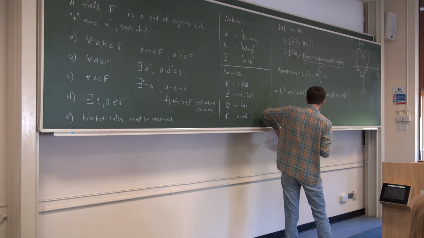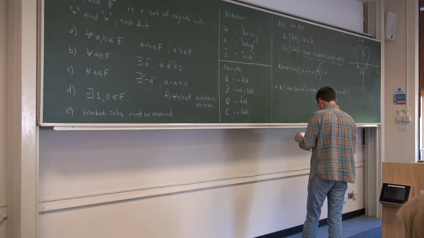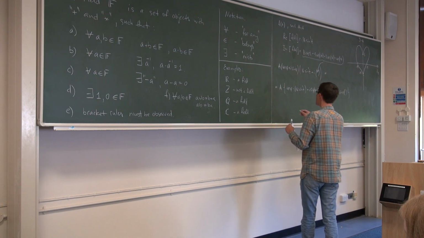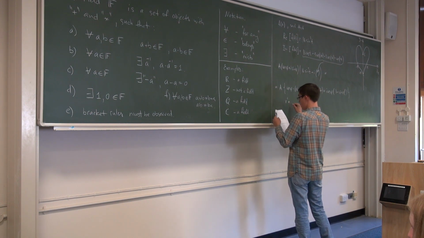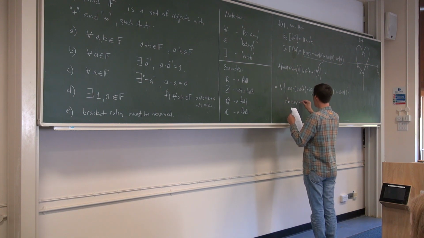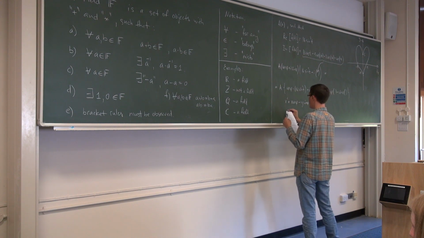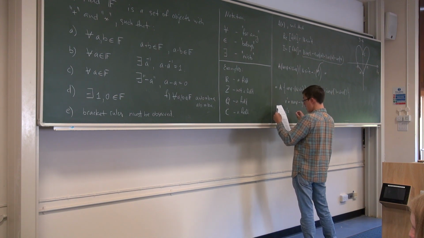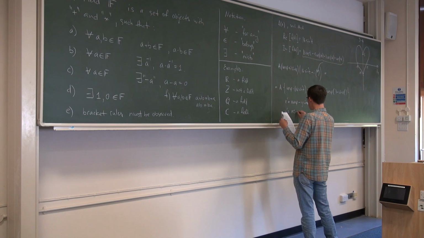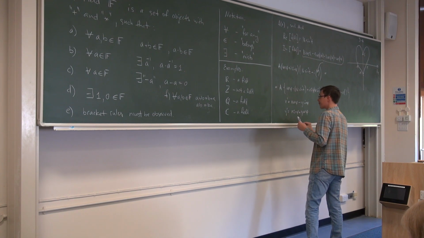What this looks like is a standard rotation that we have seen many times at school, when we have x prime equals x cosine phi minus y sine phi, and y prime is x sine phi plus y cosine phi.